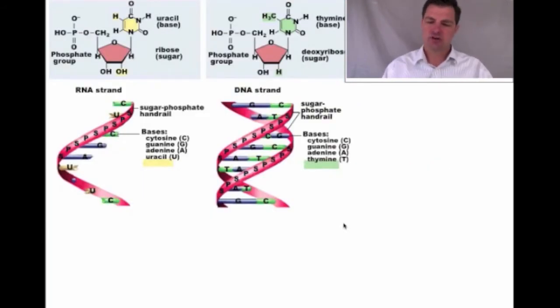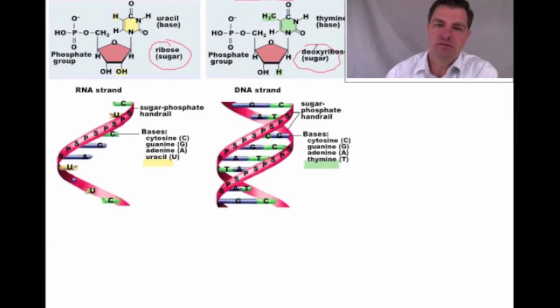Okay, so first of all, let's talk a little bit about DNA versus RNA. We have DNA and we have RNA, and for the most part they're quite similar. They have a nitrogenous base, a sugar, and a phosphate group. In RNA we have the sugar ribose, and in DNA we have the sugar deoxyribose.